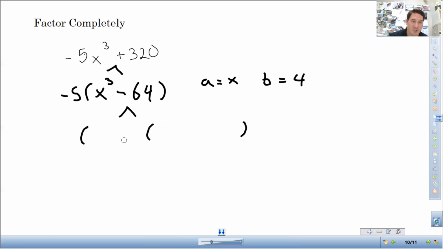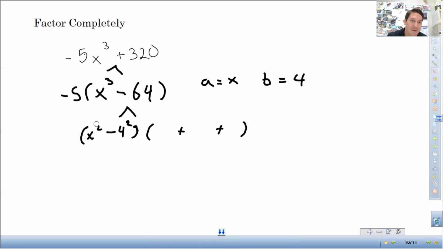So remember, same, opposite, always positive. So we've got to fill in here.